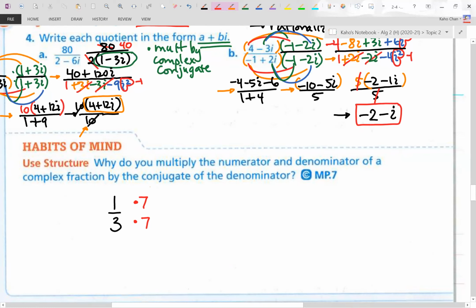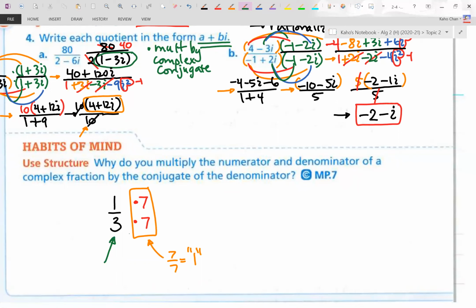Technically, this is a form of 1. 7 over 7 is just 1. You're not changing the original problem at all, okay? So keep that in mind. This is just a form of 1. All right.